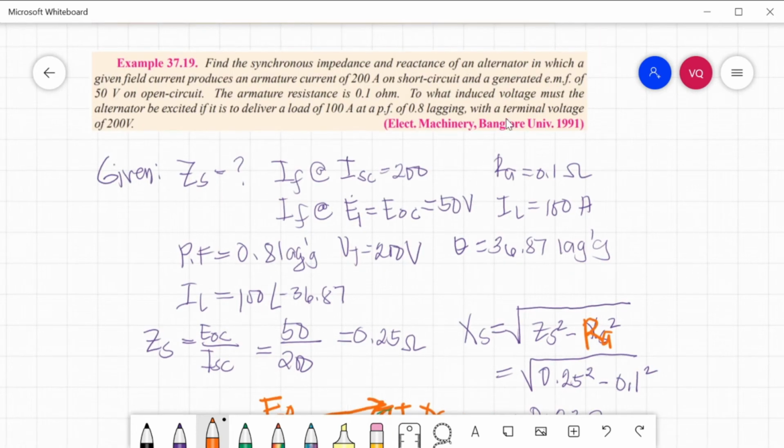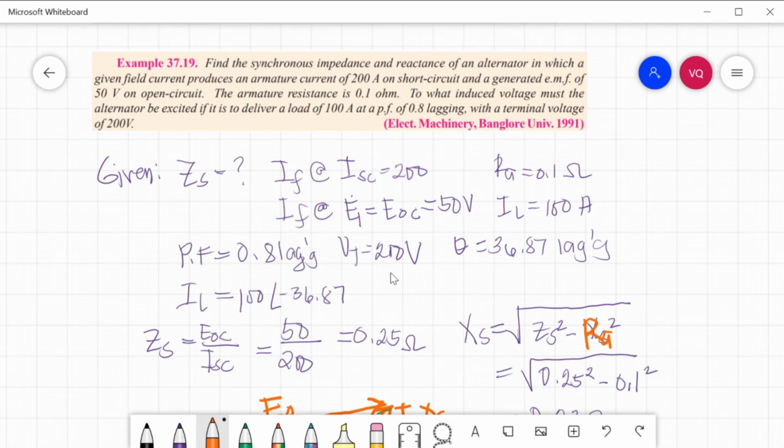The terminal voltage is 200 volts. It is in phase with the reference. And then our current lags by 36.87.